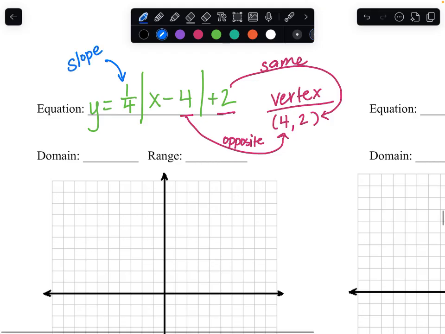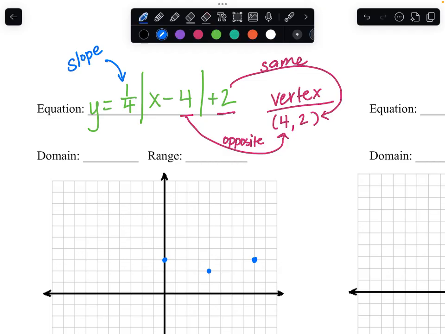So what I mean by this is if we graph 4, 2, so over 4, 1, 2, 3, 4, up 2, plot that point, and then do our slope, up 1, right 4. Yep, there's that point. And then we just do the opposite, up 1, back 4, because we know the shape of our graph.